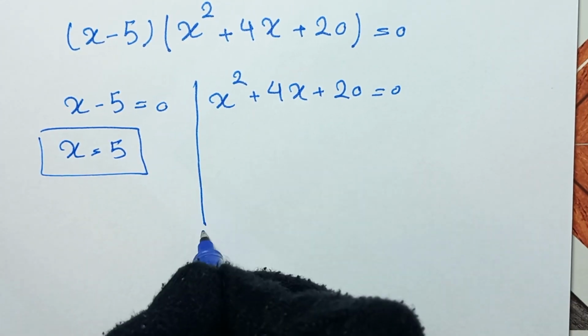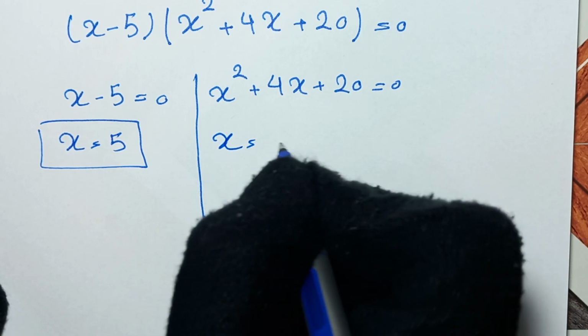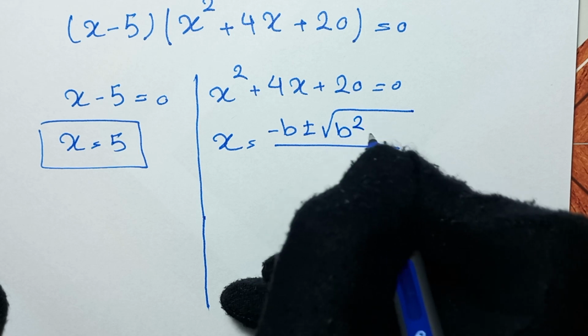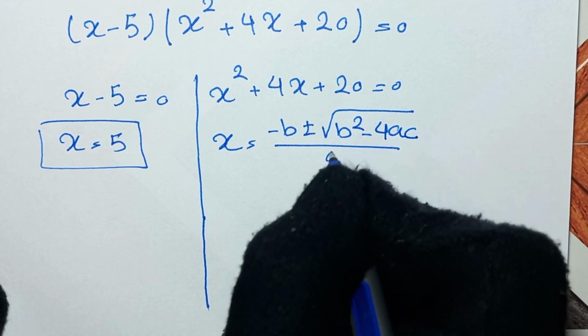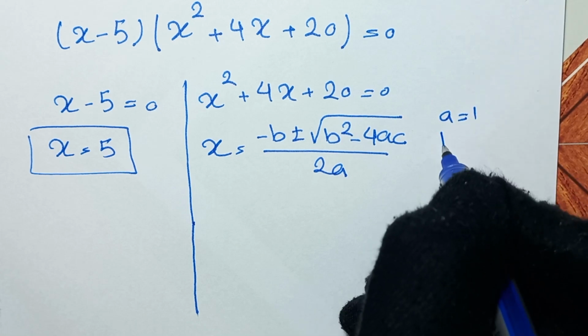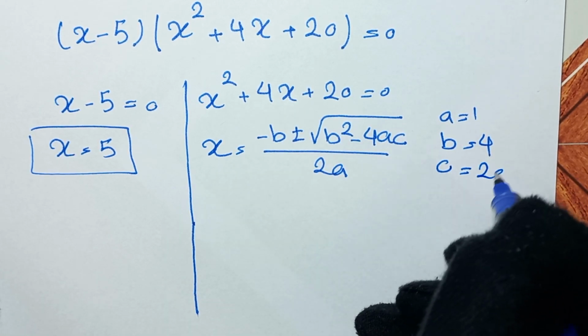And here we use the quadratic formula, which is x is equal to negative b plus or minus square root of b squared minus 4ac over 2a, where a is the coefficient of x squared, which is 1, b is the coefficient of x, which is 4, and c is the constant, which is 20.